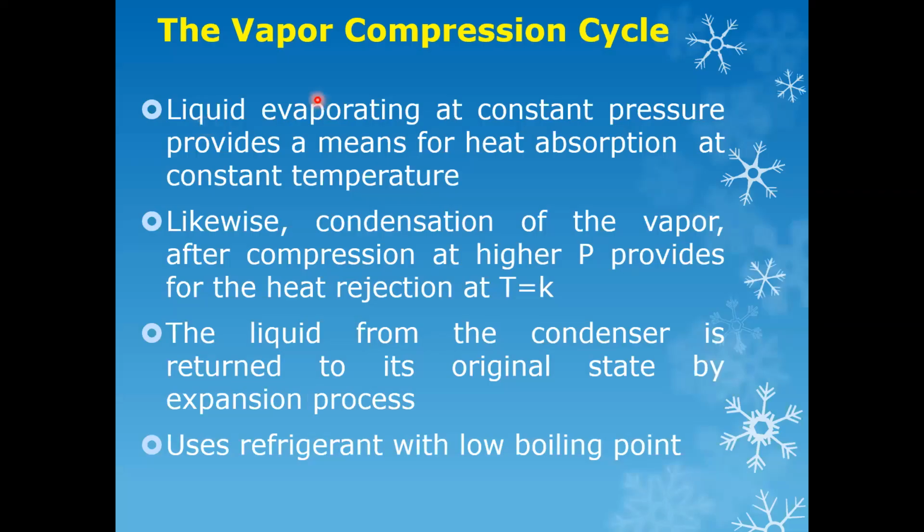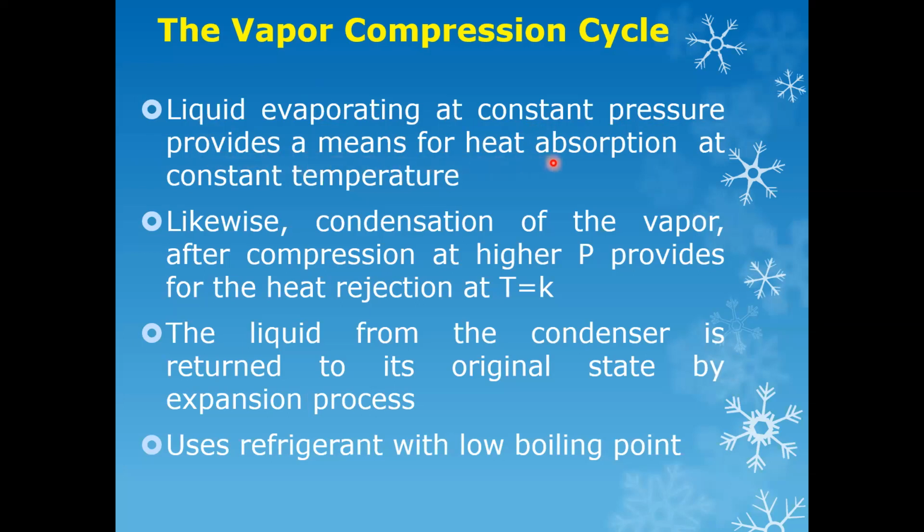So to solve the impracticalities of the Carnot refrigeration cycle, they propose the vapor compression cycle. So it's liquid evaporating at a constant pressure instead of constant temperature as in the Carnot cycle.